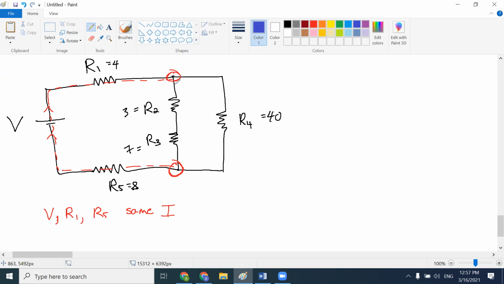Now let's think about 2 and 3. Any current that passes through 2, it has no other choice but to pass through 3. So R2 and R3 are series to each other.